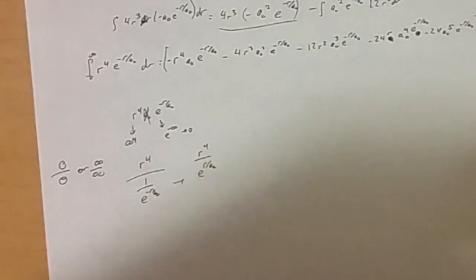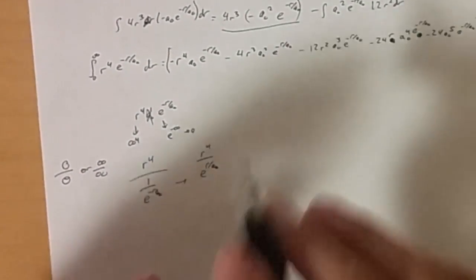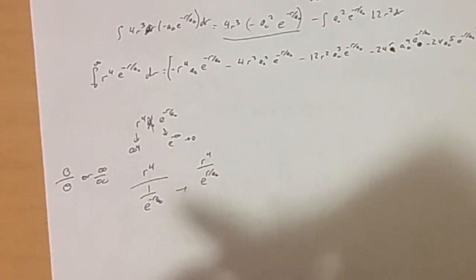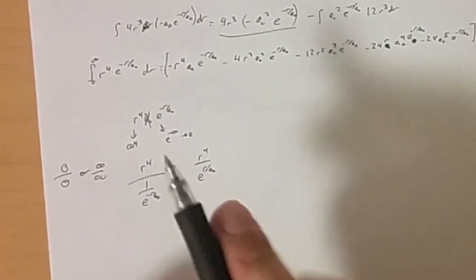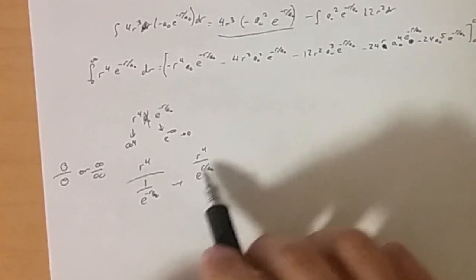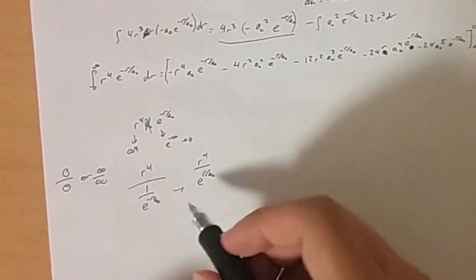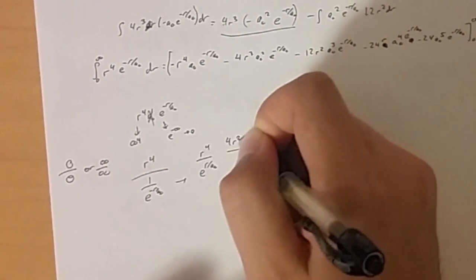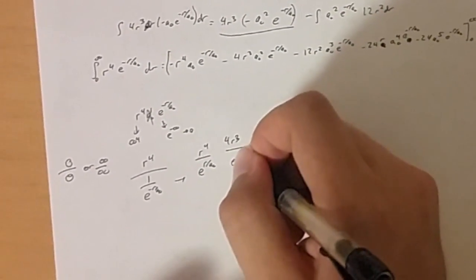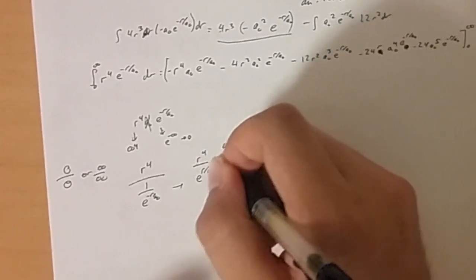And then L'Hopital's rule says that you want to take the derivative of the top and bottom functions, and that if you do that, eventually one function will disappear. So the derivative of e to anything is always just going to be itself. So the derivative of r to the 4th would get 4r cubed over e to the r over a naught.